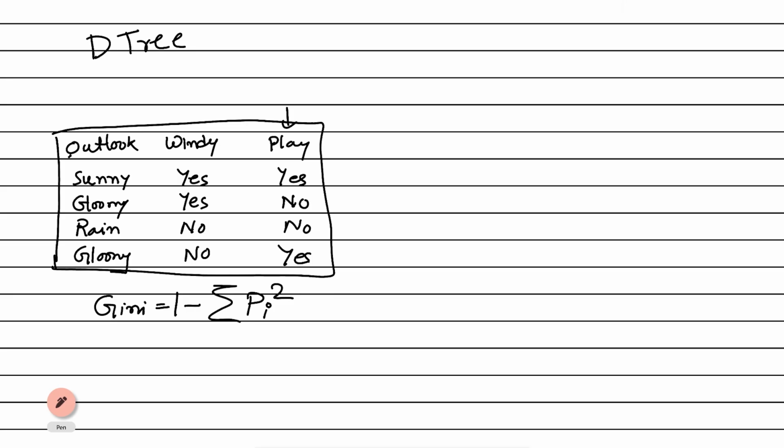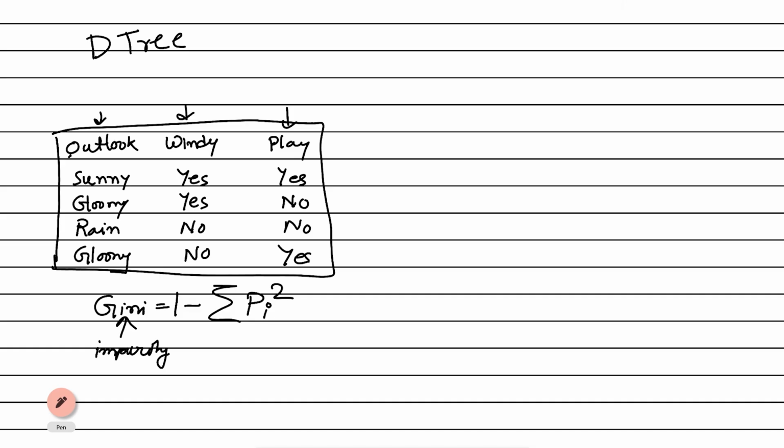So this Gini indicates the impurity. If I want to calculate that, first of all you have to calculate the impurity value for outlook and windy, then represent the entire decision making process.